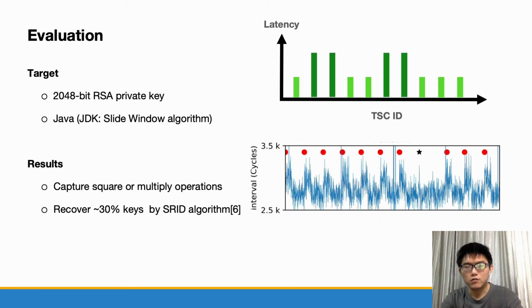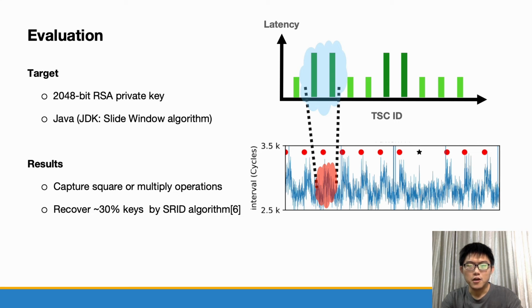We evaluate the cross-core attack upon the inference of RSA exponents. We could capture square or multiply operations or the select window algorithm of the modular exponentiation function. This function is used to encrypt or decrypt data by the Java RSA program. Like the picture on the right, the red point is the square operation we captured with a higher latency.